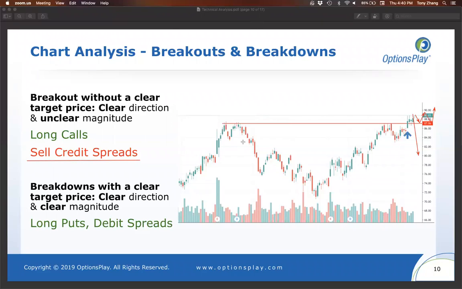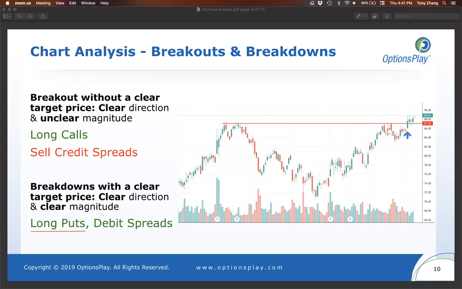However, on a breakdown, when the stock breaks below a support level, this typically is a little different, because when a stock breaks down, you usually have price history that shows you how much further it can go. So when you have that price history, first of all, long puts make sense for a breakdown simply because breakdowns typically move a little faster.